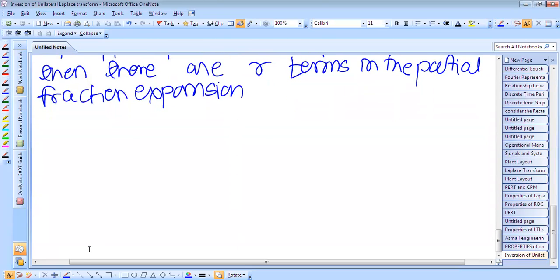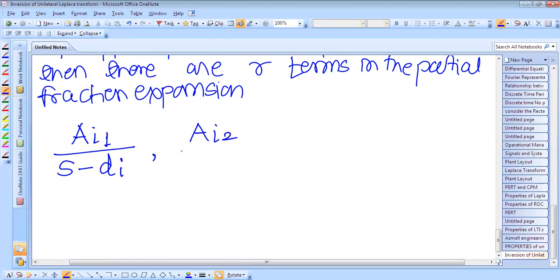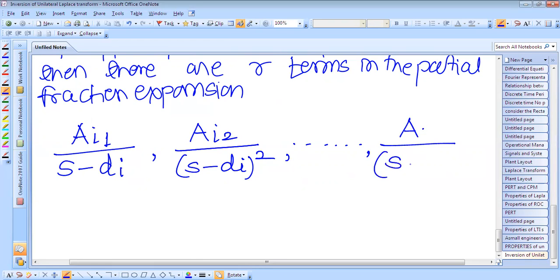And we can write, by the r term, this means a_i1 by (s minus d_i), second term a_i2 by (s minus d_i) square, and so on, divided by (s minus d_k) raised to power r.